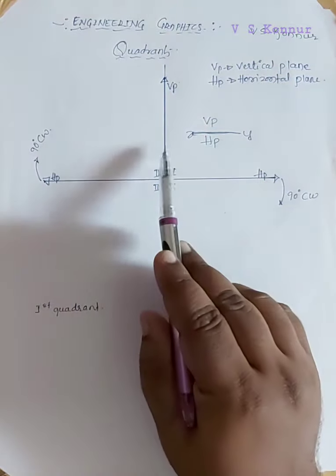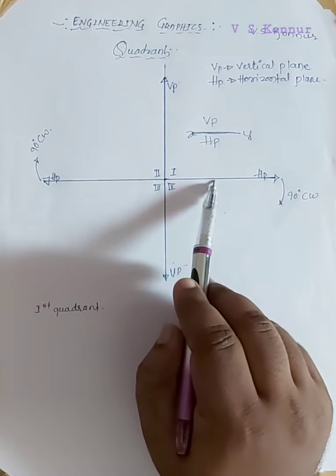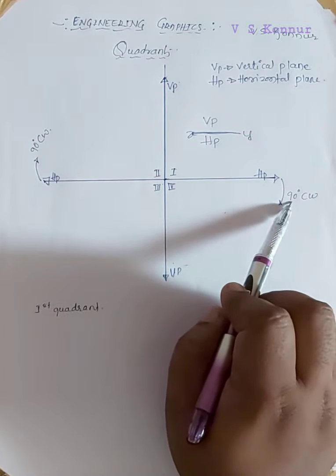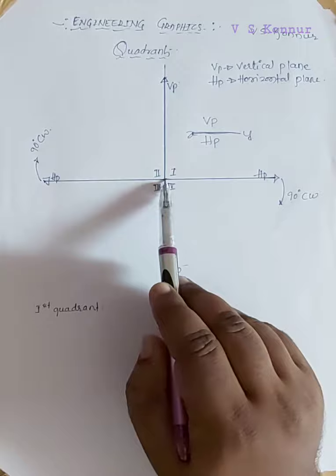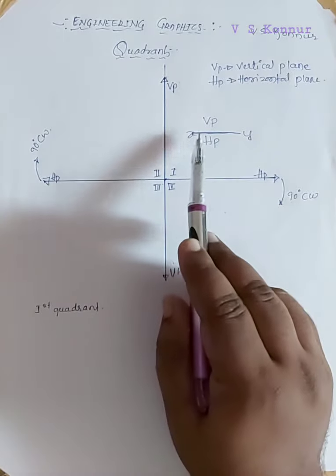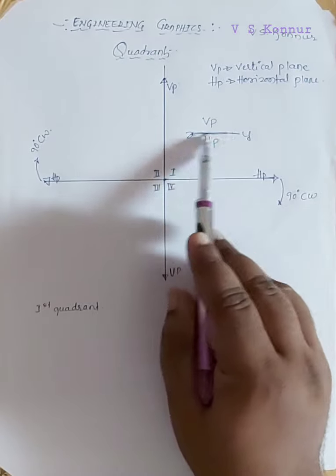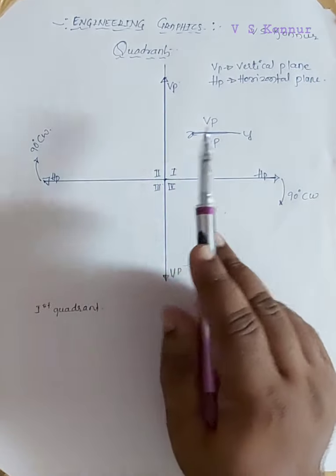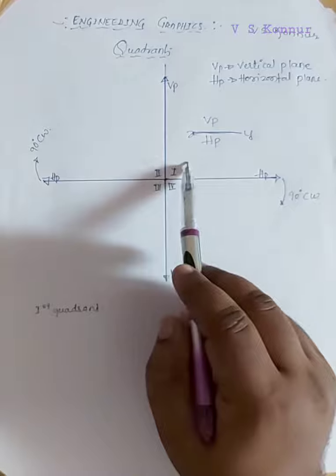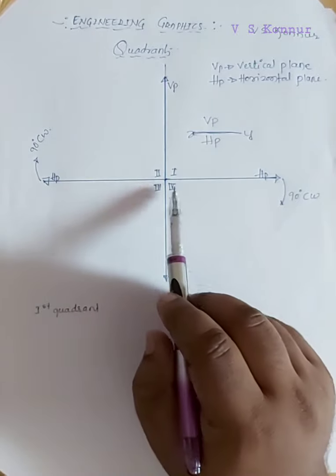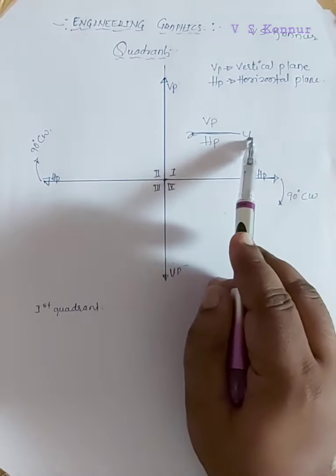One more time, this is VP, this is HP, only HP is rotating 90 degree clockwise in the quadrant. The intersection of VP and HP is called as XY line. This is in 2-dimensional form. In 3-dimensional form, it is having a line here, intersection of VP and HP. So that line is called as XY line.